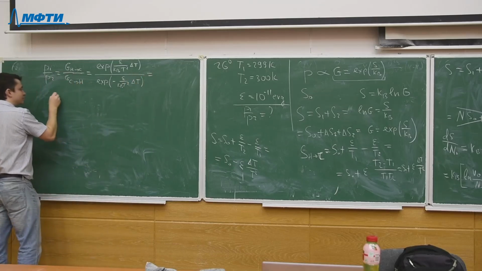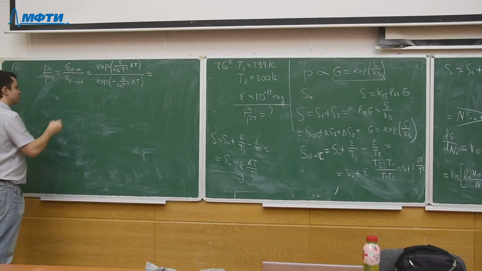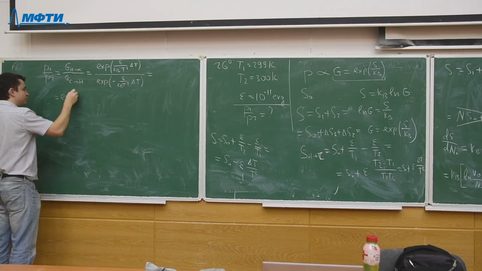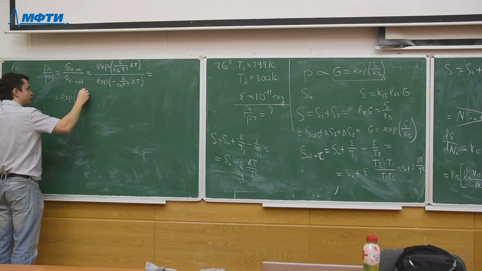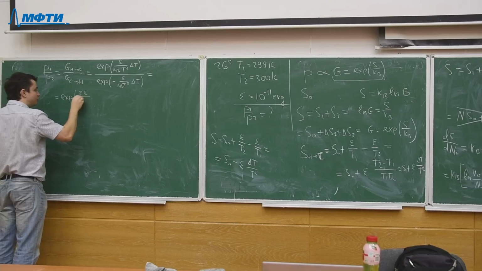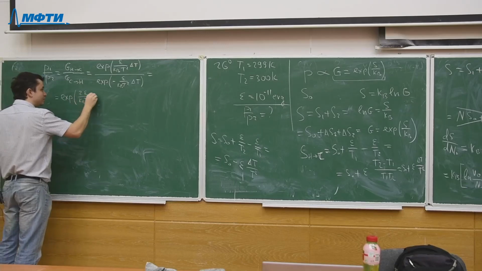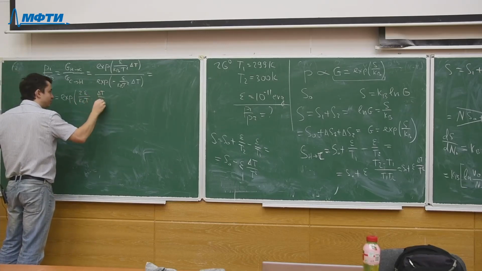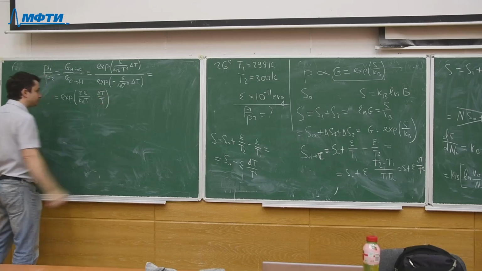Now I can collect all of these exponents into a single expression, and that would give me the exponent of 2 epsilon over Kb T times delta T over T.